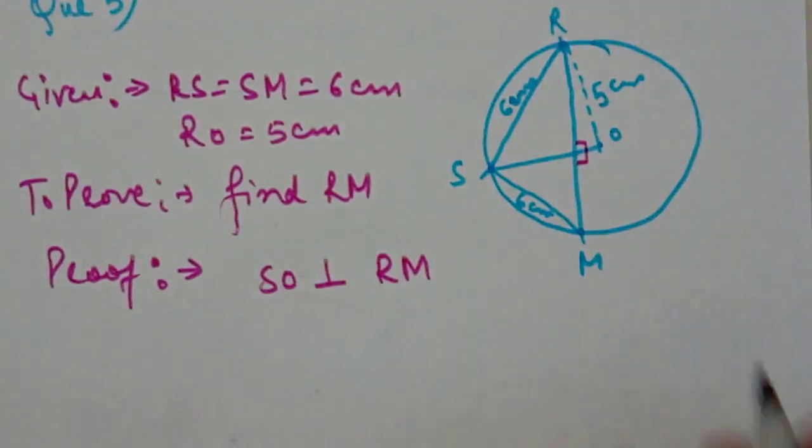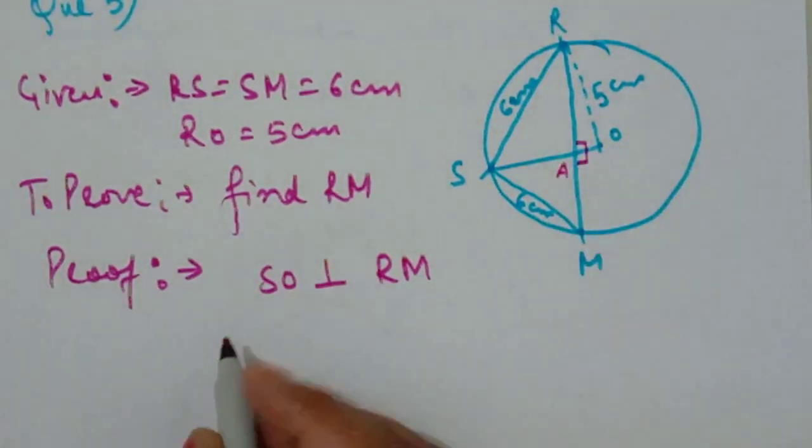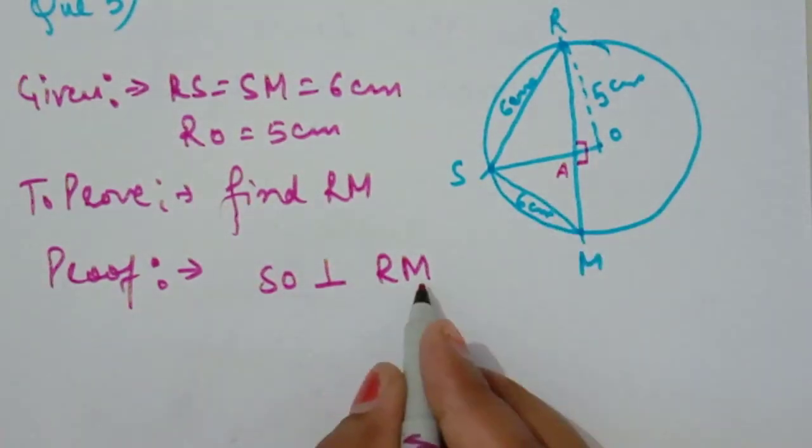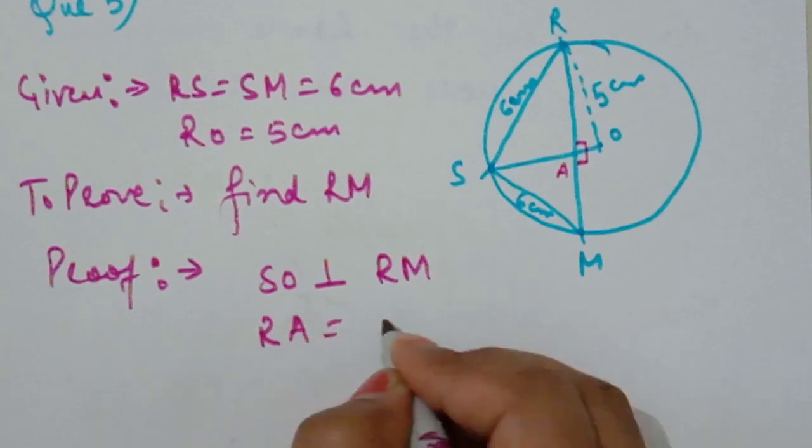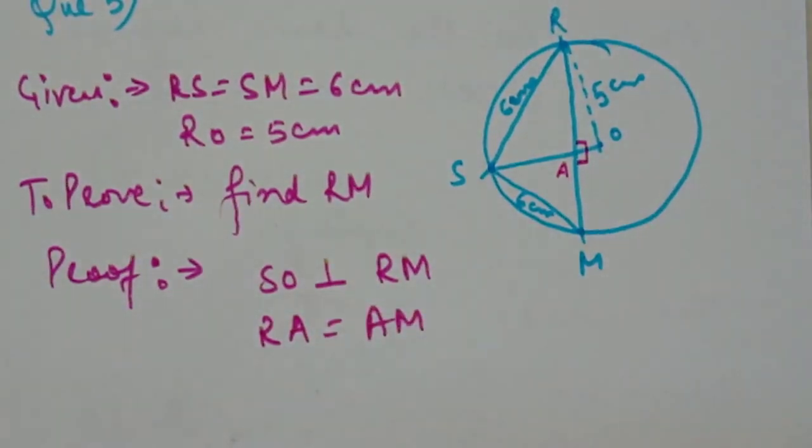So according to this, if SO is perpendicular on RM, then definitely it bisects also. RA is equal to AM. We have to find the value of RM, so if we find the value of RA, then we will get double.